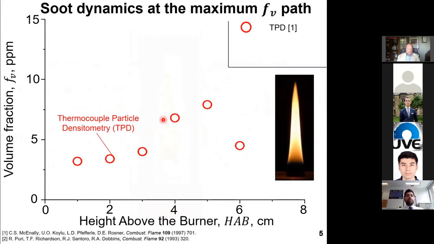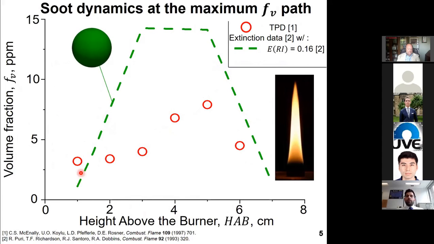For this reason, I'm presenting you here the soot volume fraction measured as a function of the height above the burner at the maximum volume fraction path of the Santoro flame using thermocouple particle densitometry. And here you can see the soot volume fraction obtained by light extinction using a constant absorption function of 0.16 that has been derived for spheres with a constant composition.